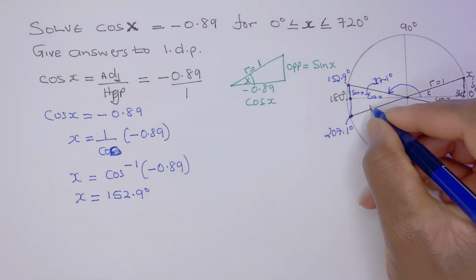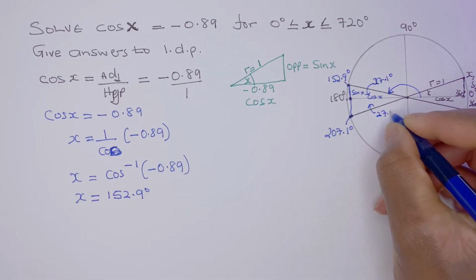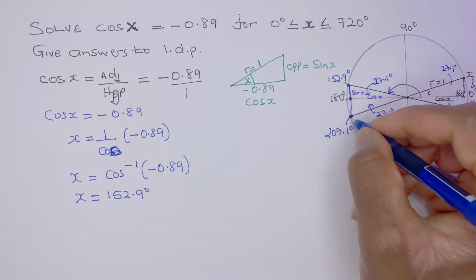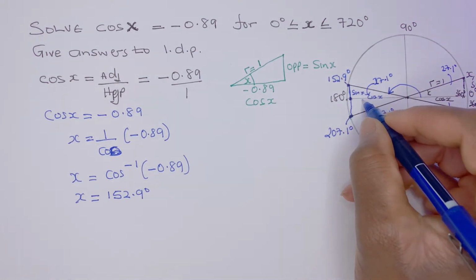So this angle here is also 27.1 degrees. Likewise, that is 27.1 degrees, and this is 27.1 degrees. But I'm interested in these two angles because the value of x is negative.